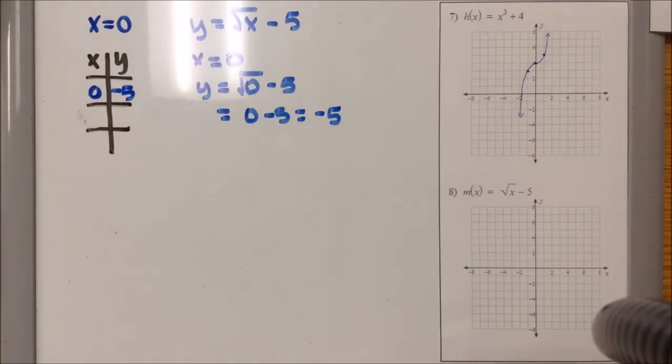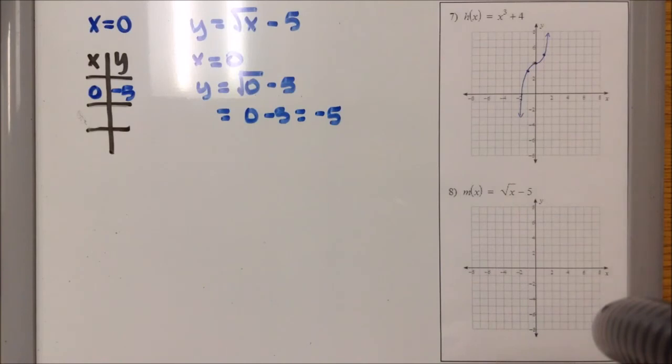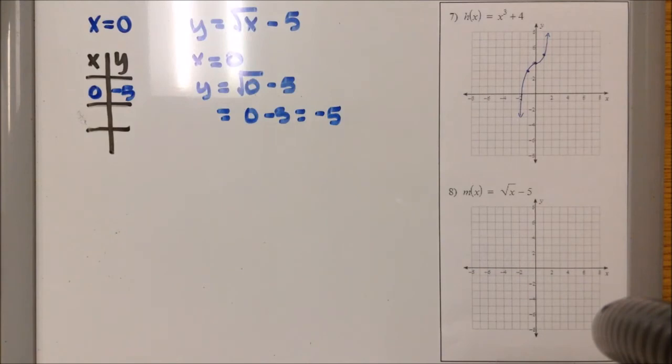Now, the tricky part, or I would say the confusing part, is you have to think of numbers that you can plug into x, and it has to be able to be square rooted. So what numbers can we put in that you can take the square root of? That means it has to be perfect square numbers.